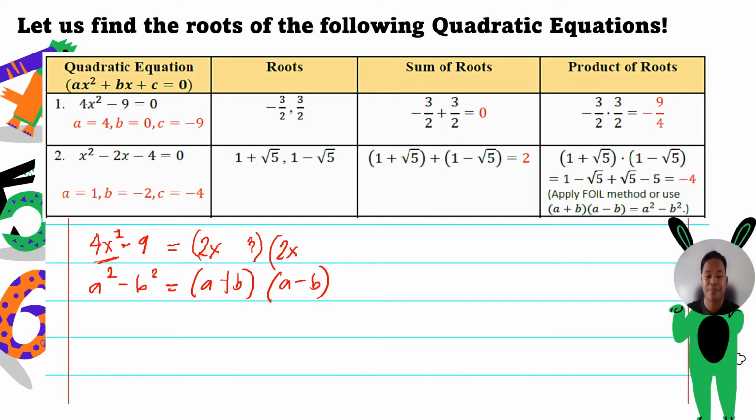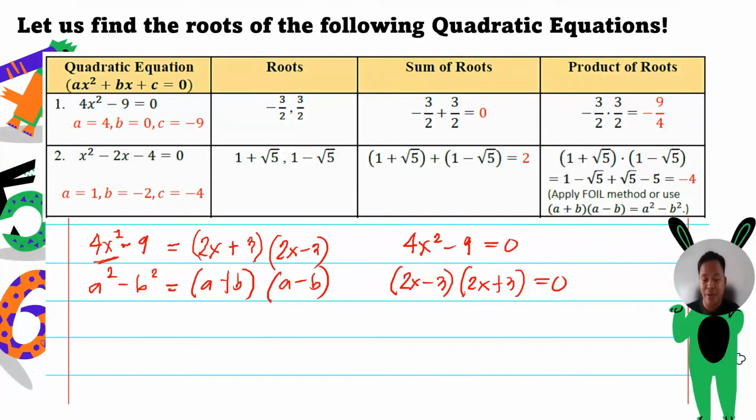Therefore, 4x squared minus 9 is equal to 0, and the factors are 2x minus 3, 2x plus 3 is equal to 0.